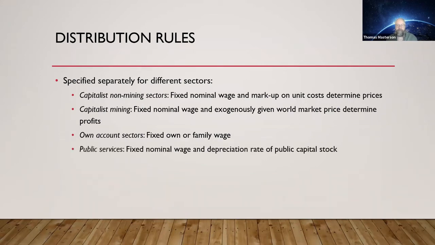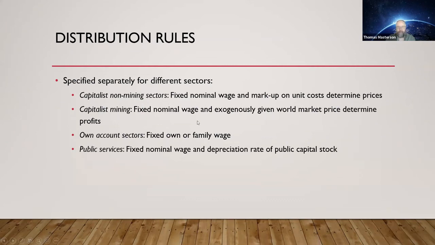And for public services, there's a fixed wage and there's a depreciation rate for public capital stock. Okay, so that's how the income gets distributed. So that's how we figure out the distribution of wages and profit in the capitalist sectors.